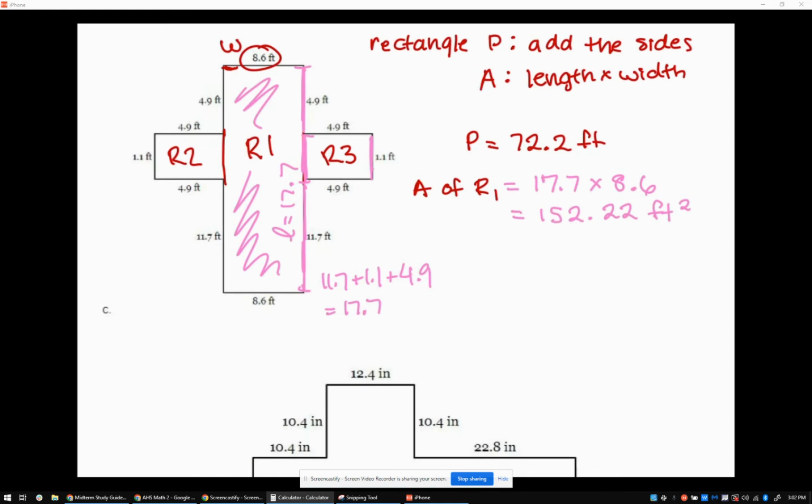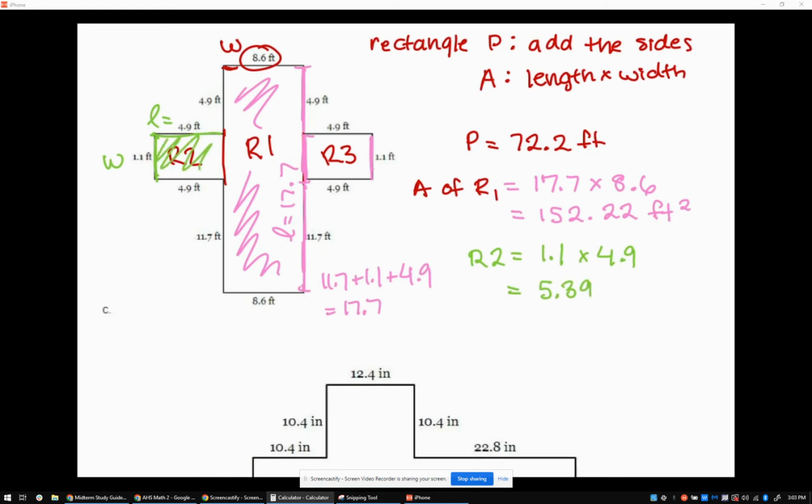Let's go ahead and talk about rectangle number 2. For our smaller rectangle here, our width is 1.1, and our length is actually just 4.9. Nothing fancy to calculate for that one. So 1.1 times 4.9 is 5.39.